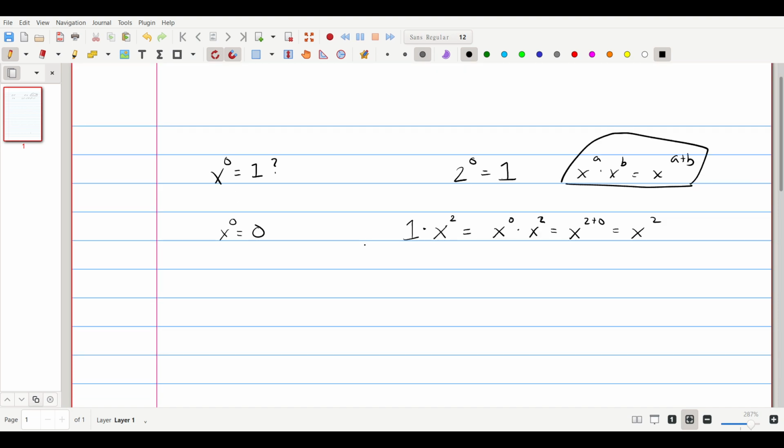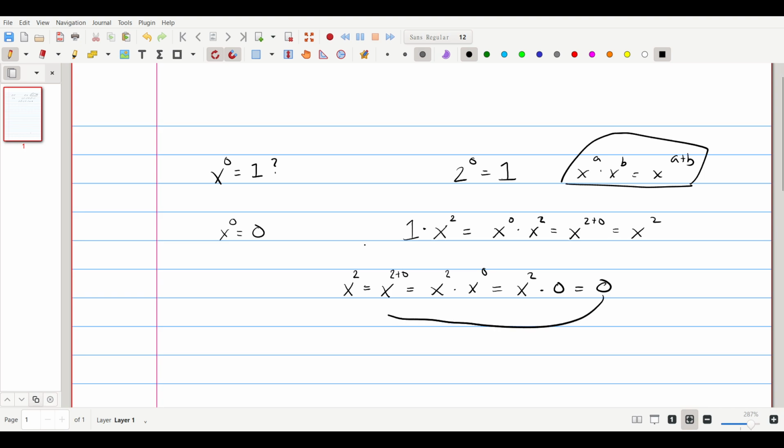And so what happens if x to the 0 is 0? Well, notice that x squared, right? This is the same as x to the 2 plus 0, right? Because 2 plus 0 is 2. And then from here, we can break this up using this rule in reverse, which would tell us x to the second times x to the 0th power. But if x to the 0 is 0, right, this tells us that it's x squared times 0, which is 0.